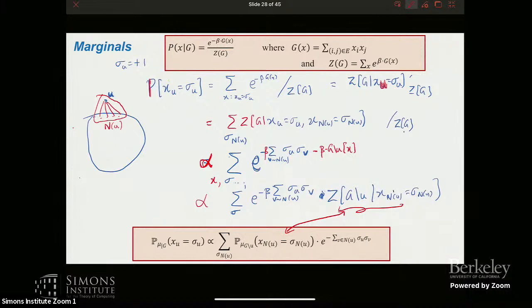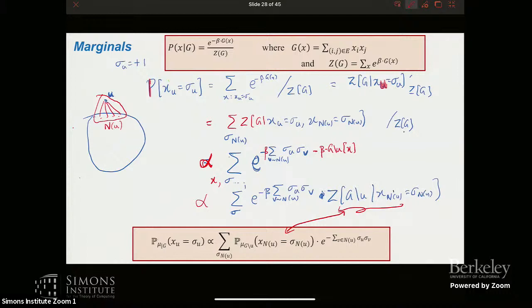It's just a Markov property of this graphical model: once I condition on the neighborhood, I know exactly the probability of the entire space, knowing the probability on the left and the probability on the right. There are probably much cleaner ways to do this, but what I wanted to get to was just this expression.